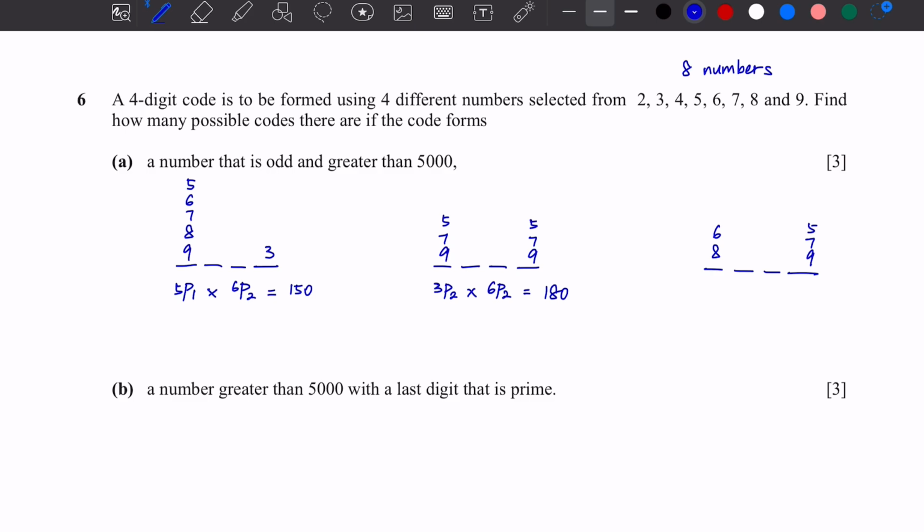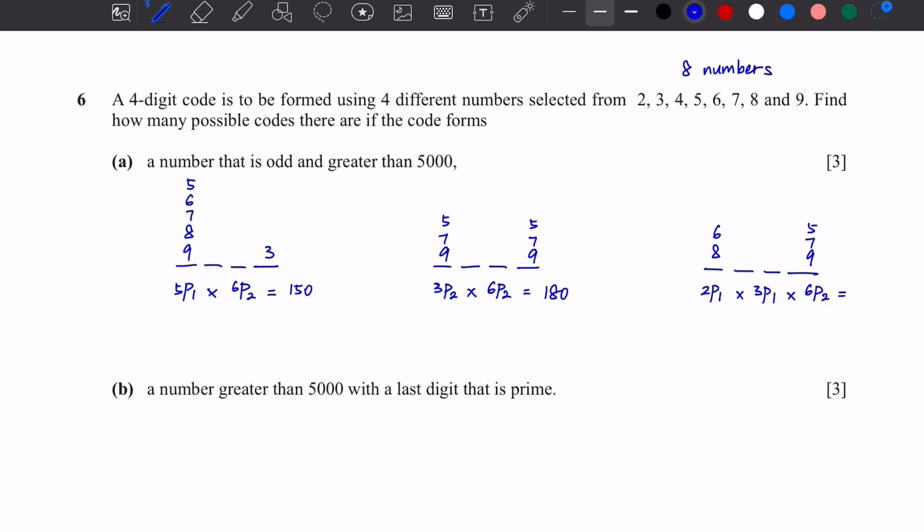Third situation, we choose from 6 and 8 for the first slot. So we have 2P1 times, we choose from 5, 7, and 9 for the last slot. So 3P1. And lastly, we have 6 more numbers left for 2 more slots. So we have 6P2.